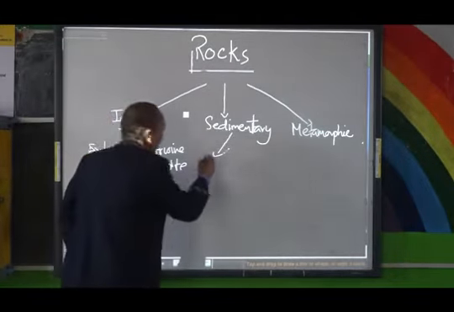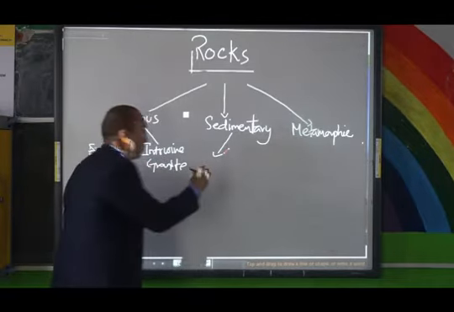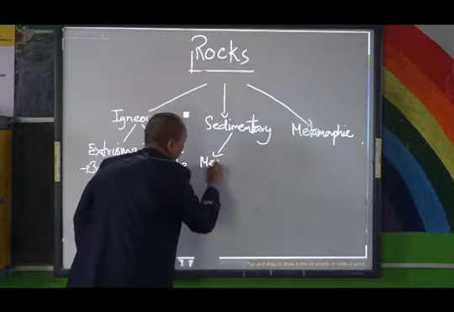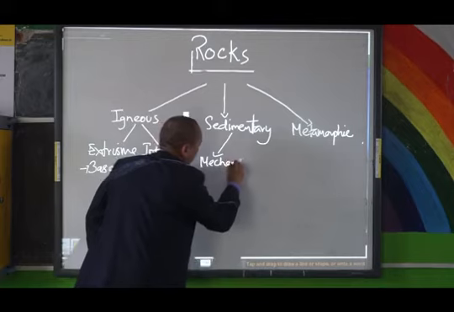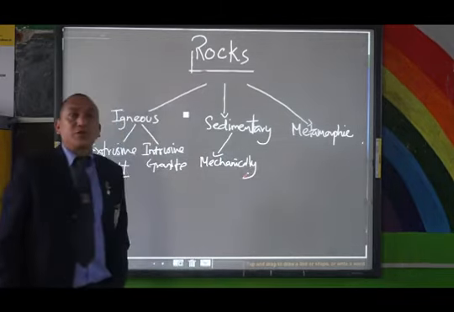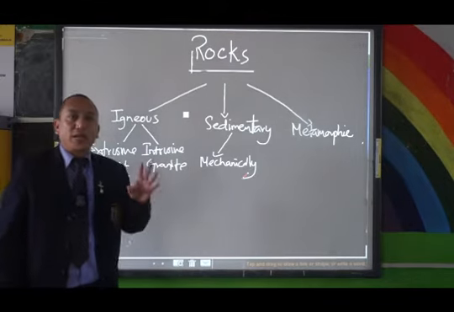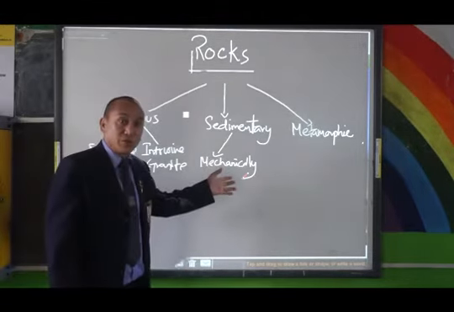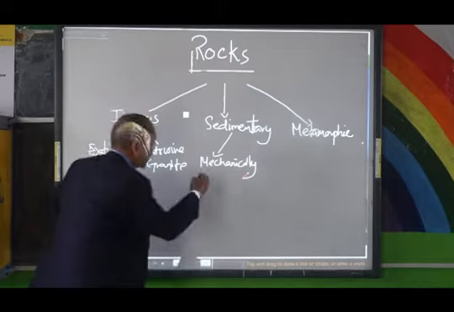Sedimentary rocks are of three types. The first one which we have is the mechanically formed sedimentary rocks. Mechanically formed sedimentary rocks are also called physically formed sedimentary rocks. Example we have is the sandstone.